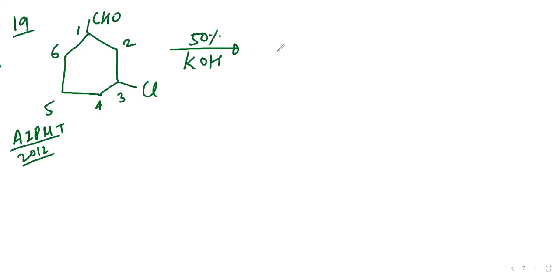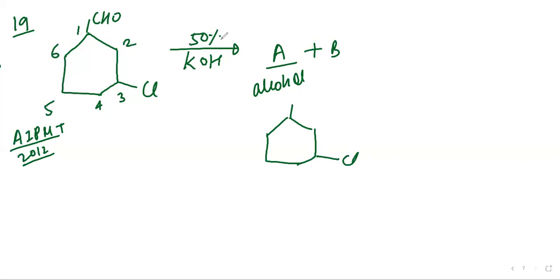So one will be converted into two products. One will be converted into alcohol and one will be converted into potassium carboxylate. Like I will make the diagram then. So this will be the cyclohexane ring and this aldehyde will be converted into CH2OH.